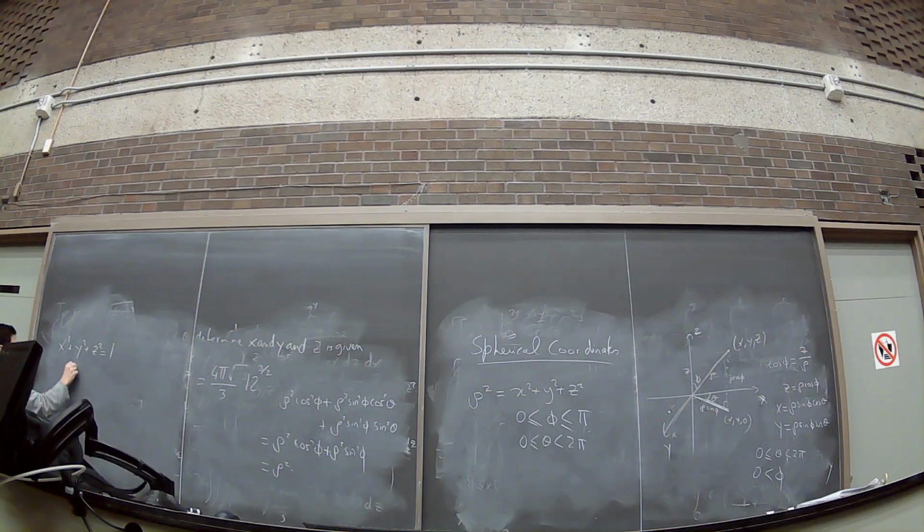What is rho in that case? Rho is equal to 1. Theta is from 0 to 2 pi, and phi is from 0 to pi. Okay, is that clear? Everybody, is that clear?